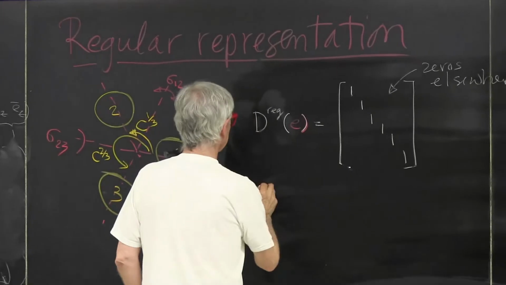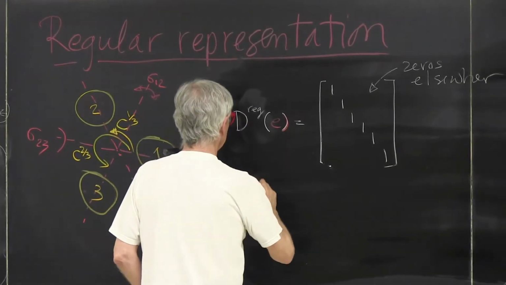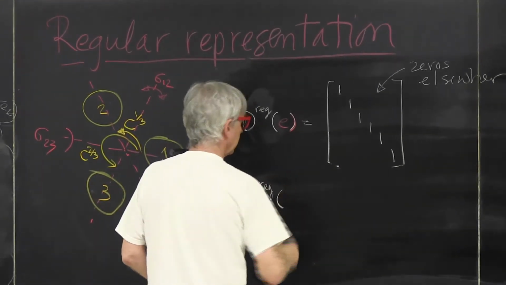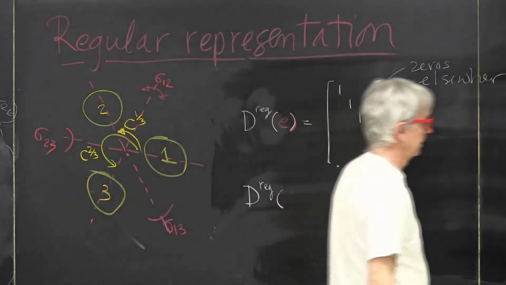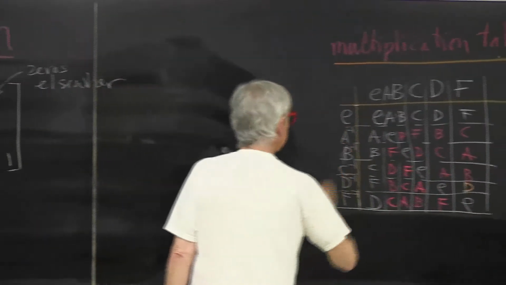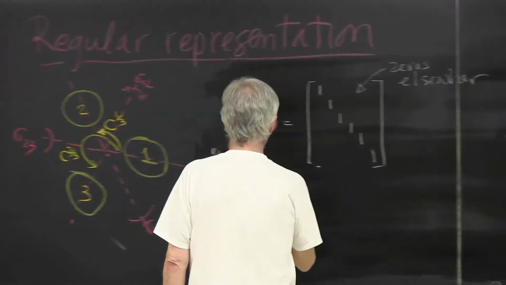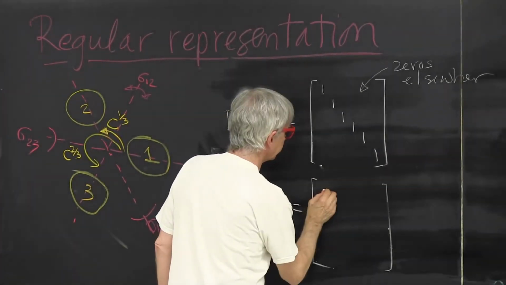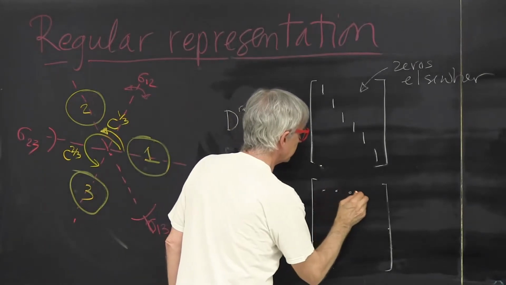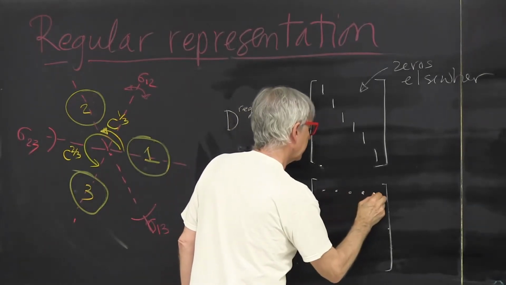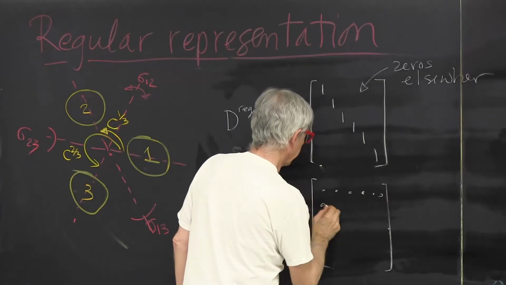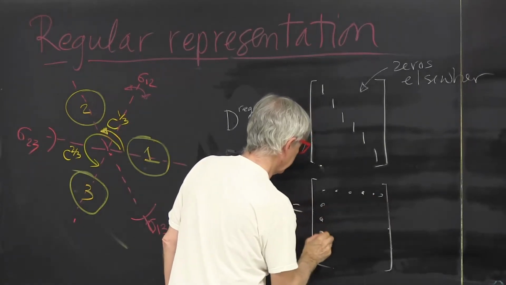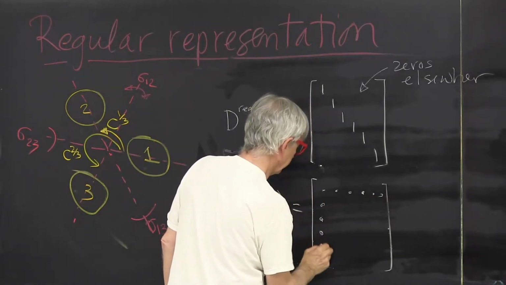Then I can write the regular matrix of A. I have 6 spots to fill out here, 6 spots to fill out in every row and column.